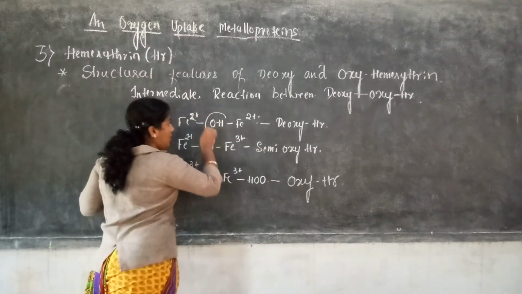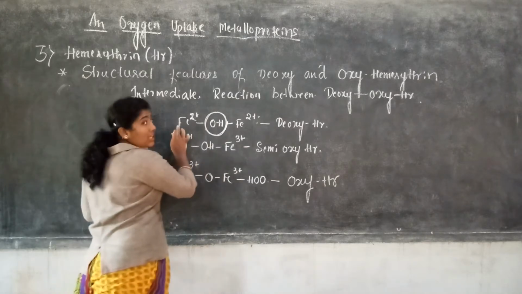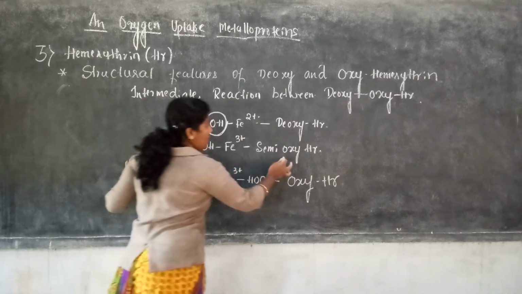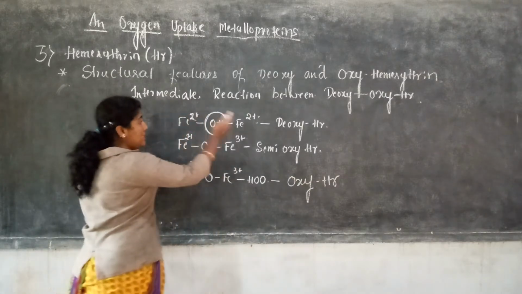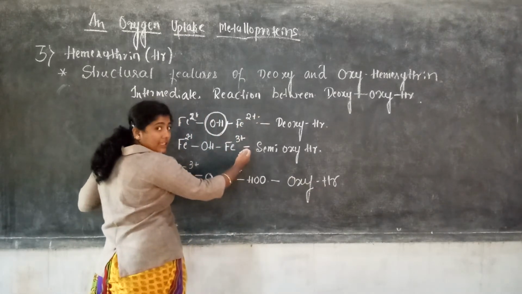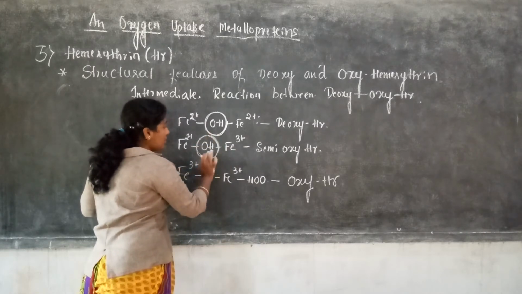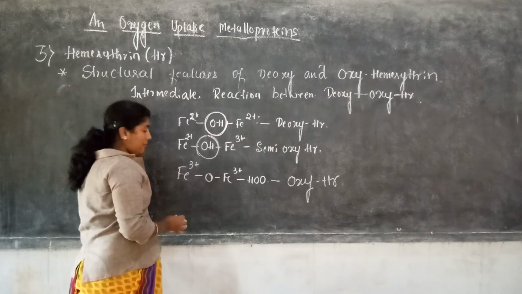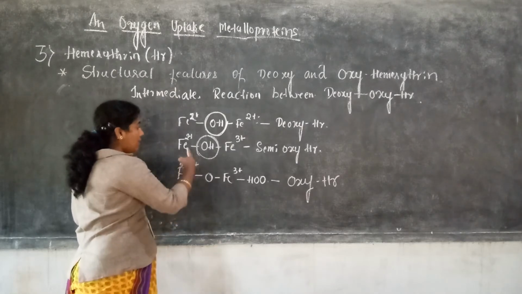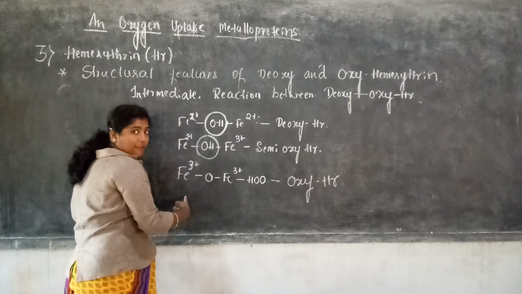Here we observe in the deoxy form of hemerythrin, the hydroxyl group acts as a bridging ligand between both iron centers. Then in semi-oxyhemerythrin, only the second site is first converted from Fe2+ to Fe3+, and the bridging ligand is the same as in the deoxy form. Then in the oxy form, the first site is also converted from Fe2+ to Fe3+.